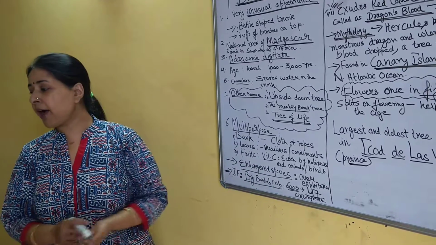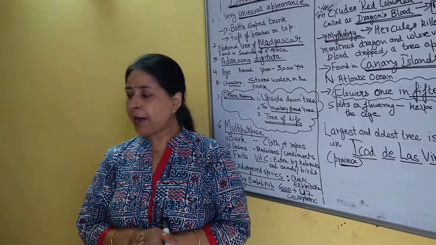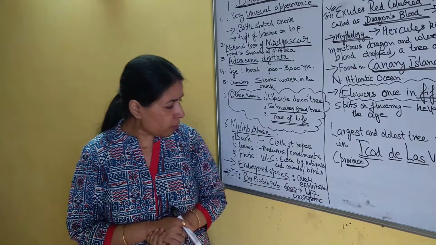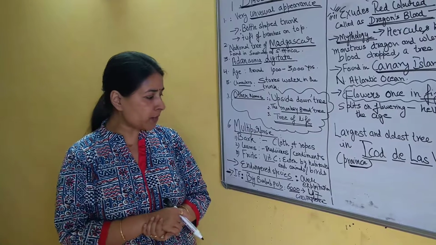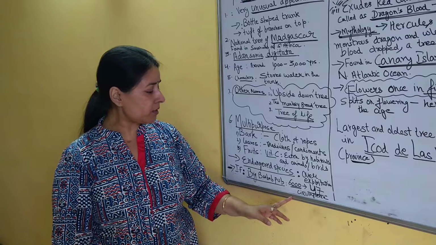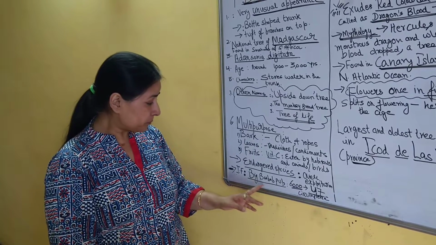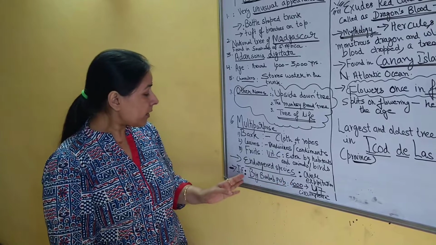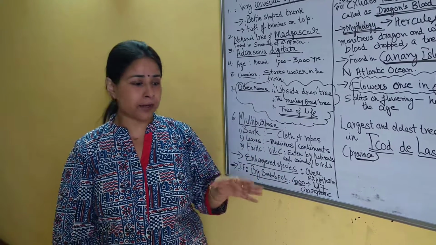One interesting fact which is mentioned at the end of your books is that there is a tree whose trunk is so big, the circumference is around 47 meters, and it is considered to be 6,000 years old, and it has a pub inside that tree.